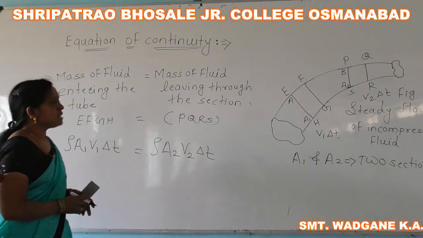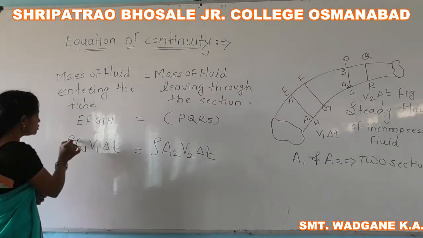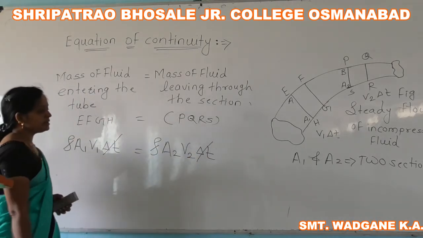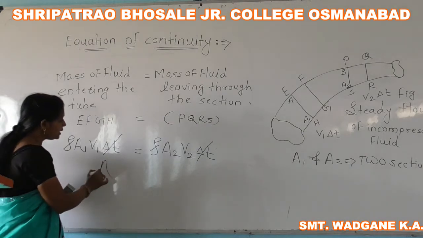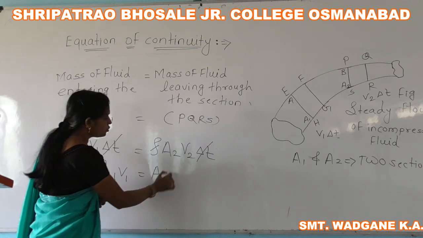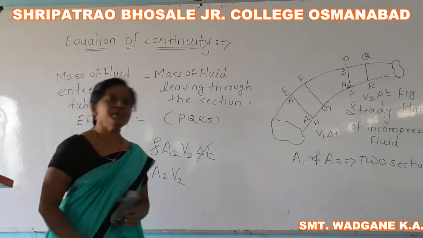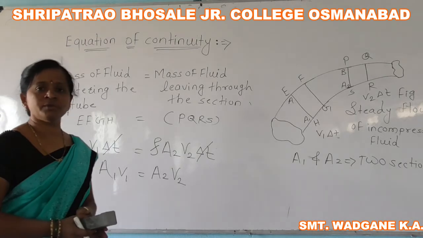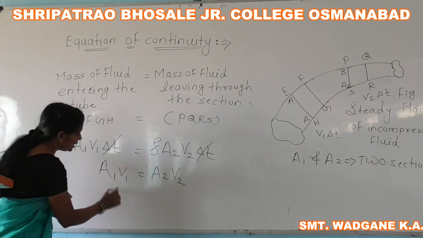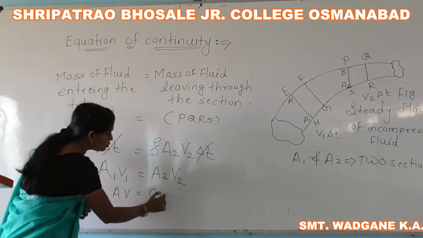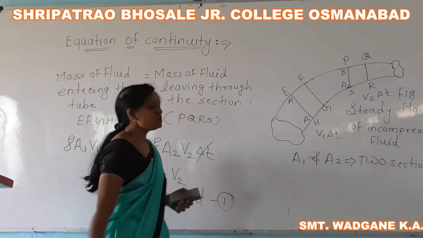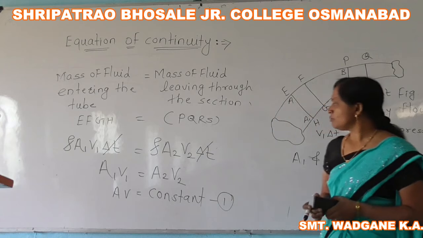Then rho and delta t on both sides get cancelled, therefore the remaining terms are A1 V1 equals A2 V2. It means AV is equal to constant. Let us call this equation 1.